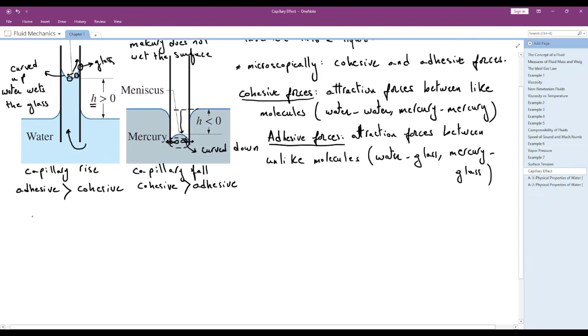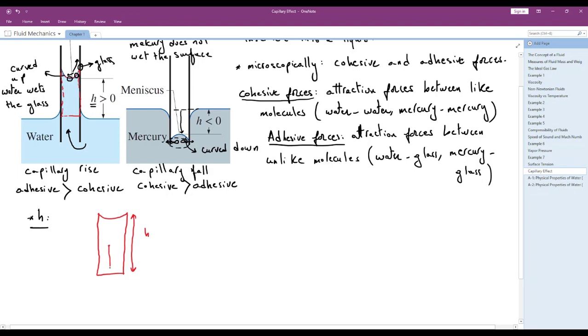If we want to calculate the capillary rise H, for example, let's take a column of liquid that has the level H and draw its free body diagram.